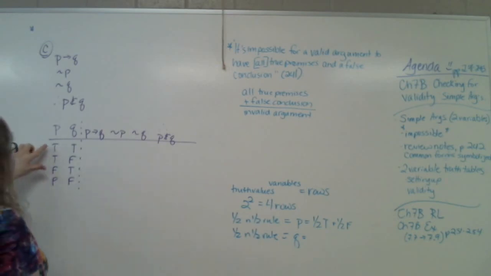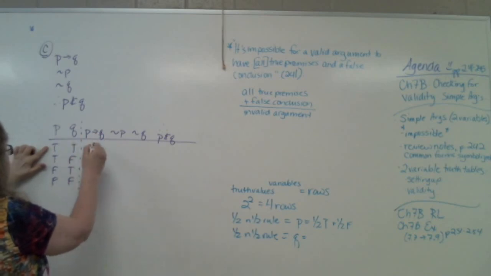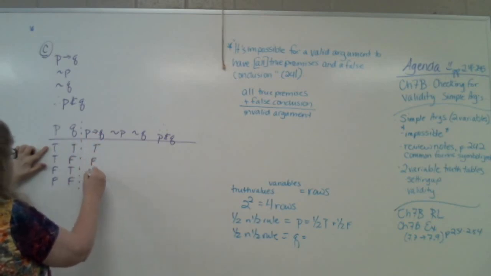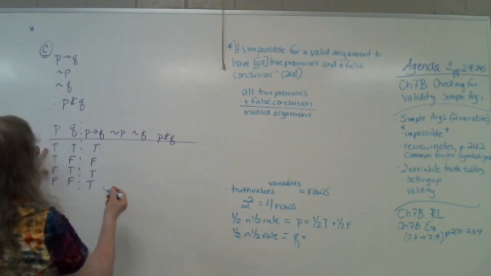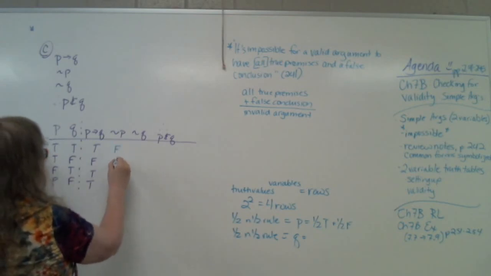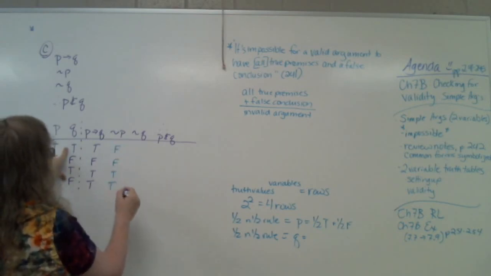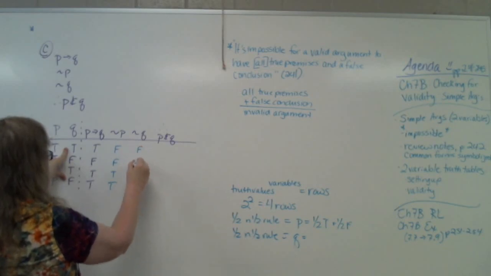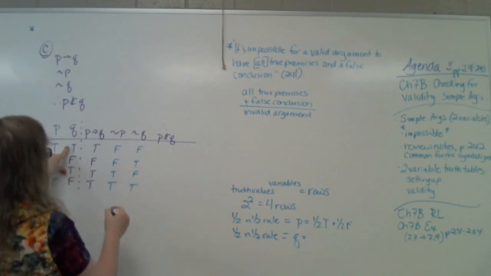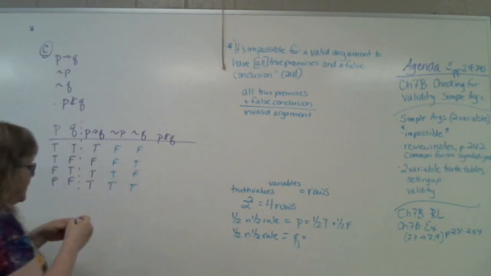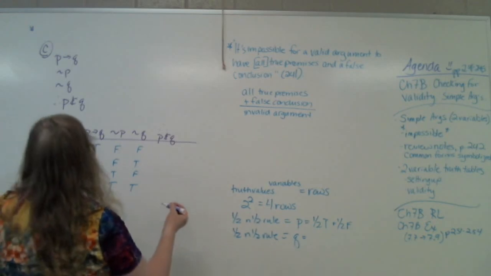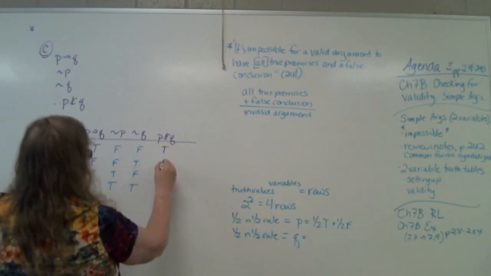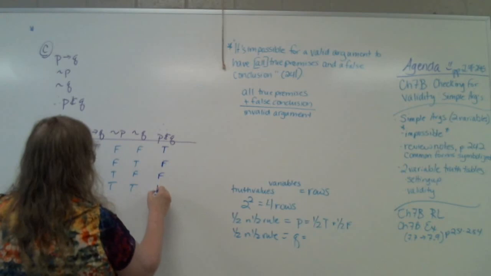Okay, so if P then Q: true, false, true, true. Not P and not Q. Not P is opposite day, so false, false, true, true. Not Q is another opposite day: false, true, and whatever it is here, it's the opposite over here. And then we have P and Q, two truths: true, false, false, true, false, false.